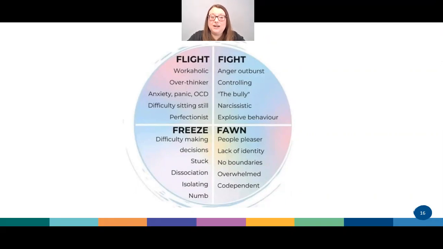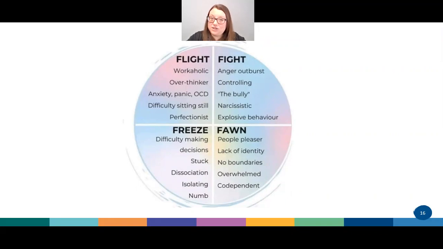Other folks are more of freezers, where if they are confronted with something that frightens them, or if they are confronted with the trauma, they literally freeze up, don't respond, or don't know how to respond. It could also look like difficulty making decisions, physically being stuck, or mentally or emotionally being stuck in response to that fear or that trigger.